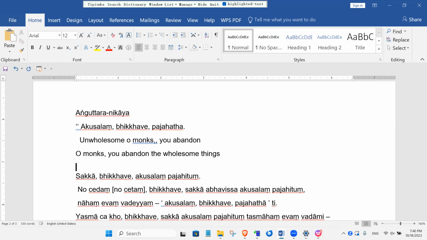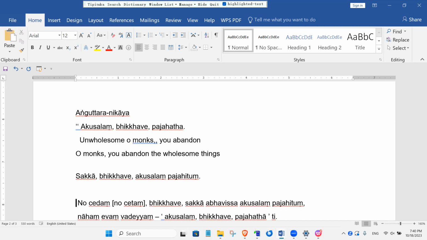Okay, next one. You abandon the unwholesome. Akusala, not wholesome, unwholesome. O monks, bhikkhave, akusalam, unwholesome. Here they put it as singular, so you can put it like this to show it can be singular or plural.